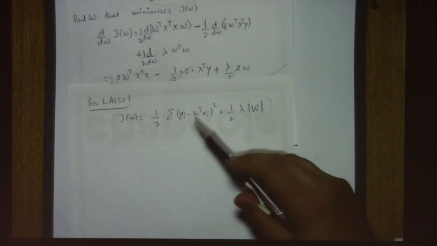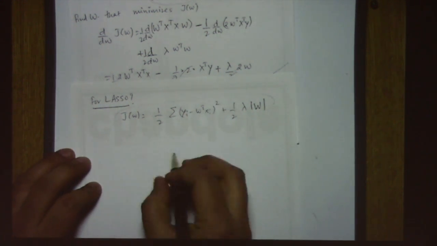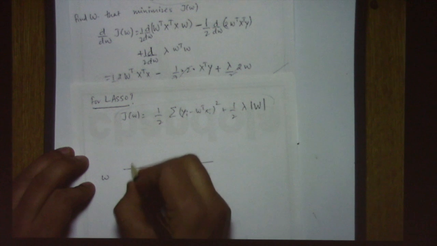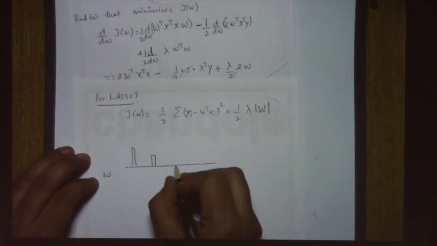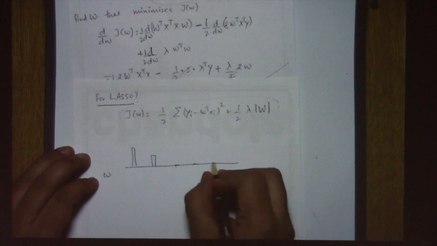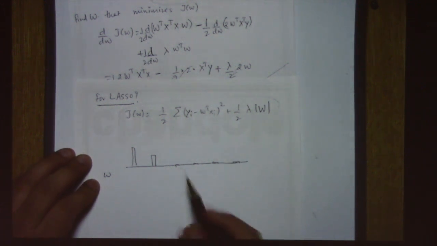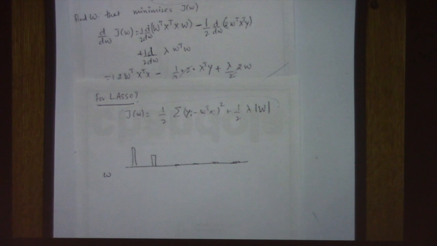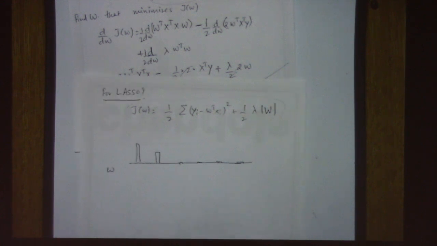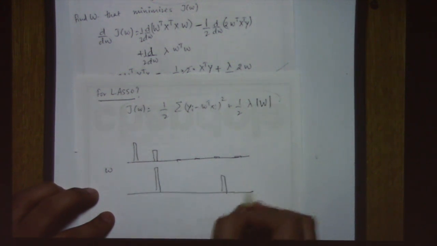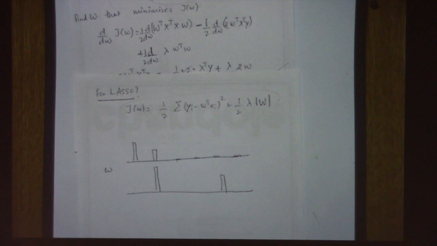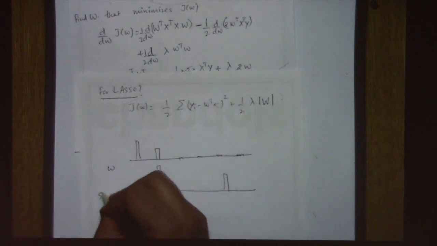So if I plot the weights as bars, it tends to prefer solutions that look like this. Let's say you had 5 attributes, only a few of them are non-zero and everything else is 0. That's the kind of solution it prefers. Or maybe it will find something like this. These are what we call sparse solutions.